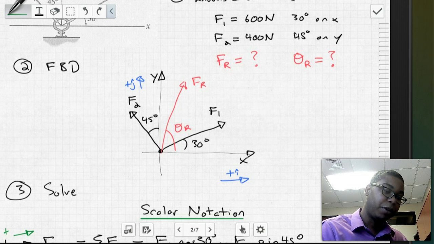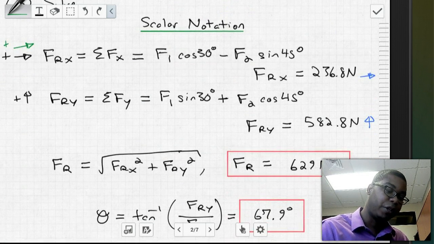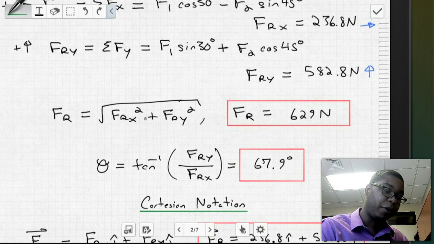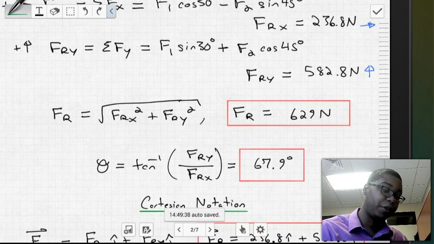With that assumption, we now know that the angle theta R is going to be measured counterclockwise from the x-axis, right? So now let's use simple trig in order to find that angle theta R, where theta R is equal to tan inverse of the resultant y component over the resultant x component.